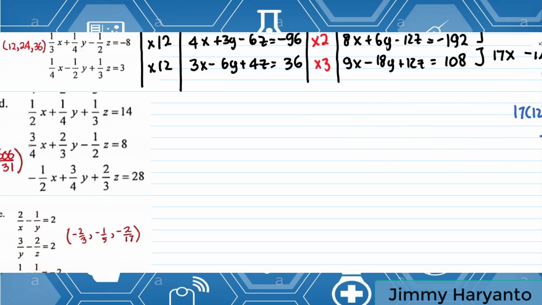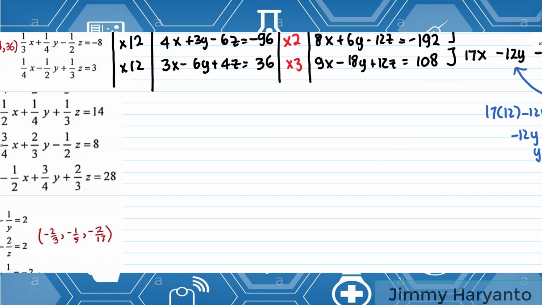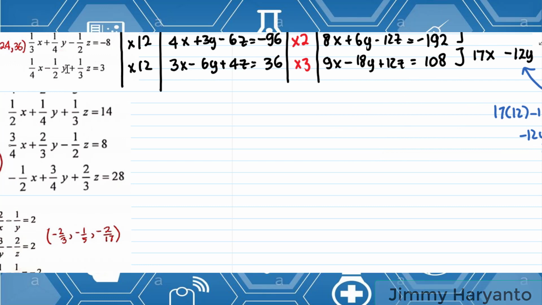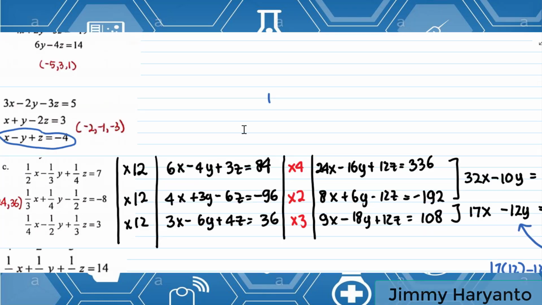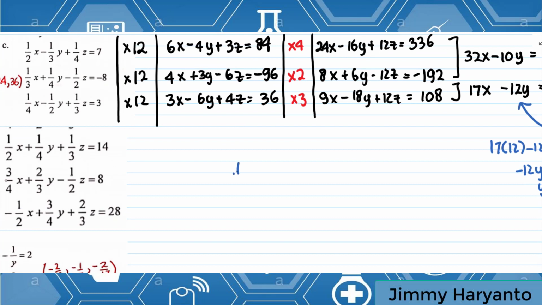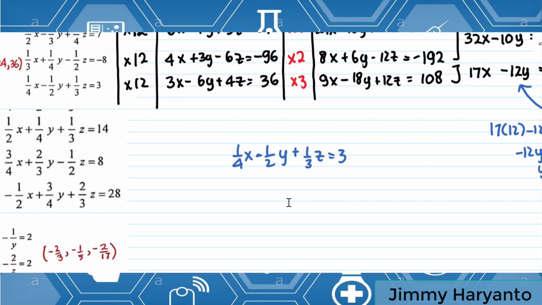Next, I want to substitute them to right here. So 1 over x, negative 1 over 2y plus 1 over 3z equals 3. So I have the x is 12.